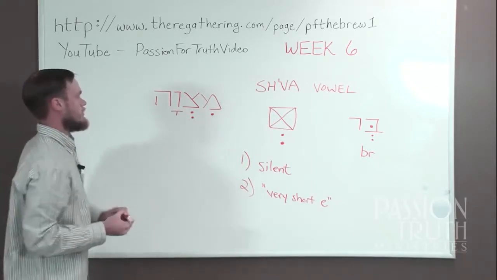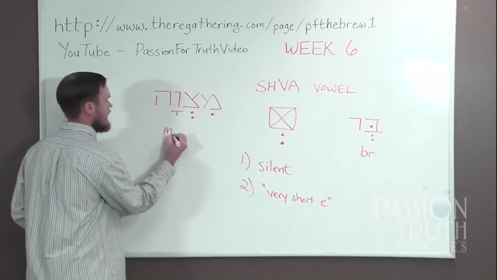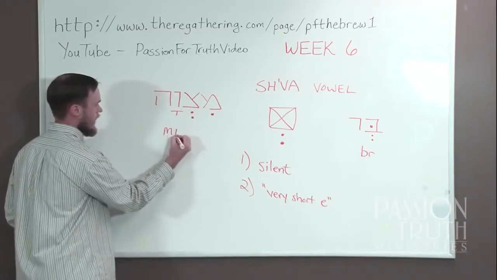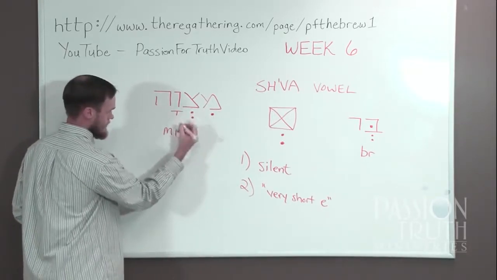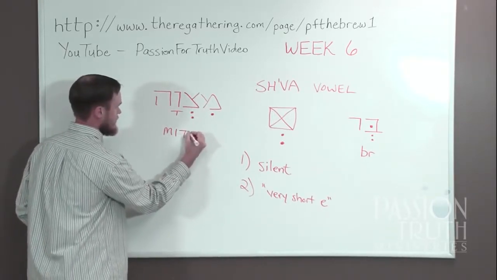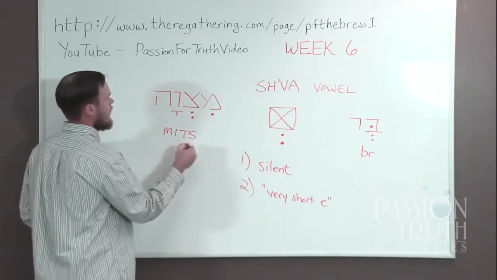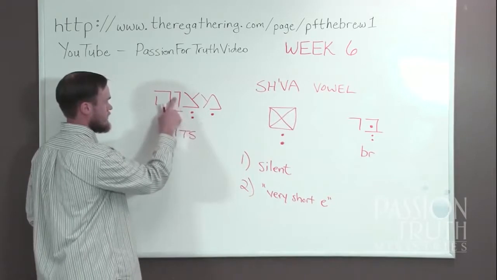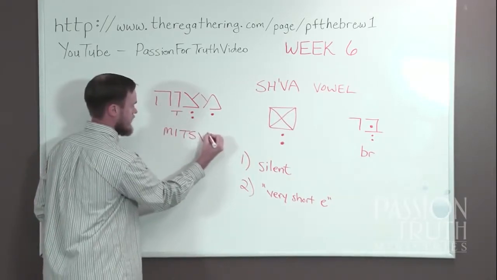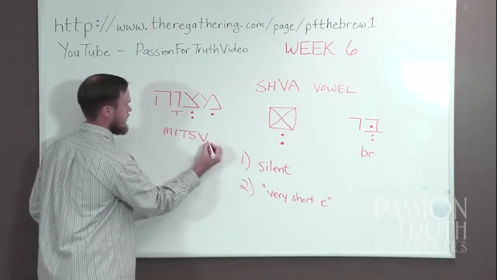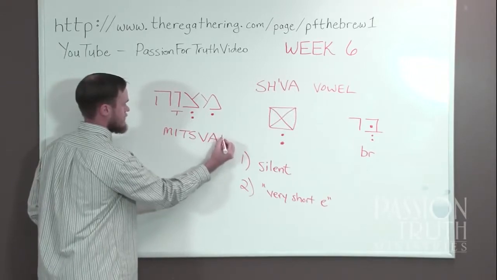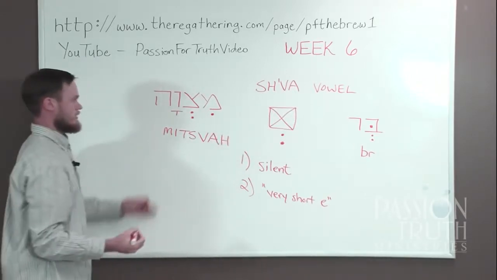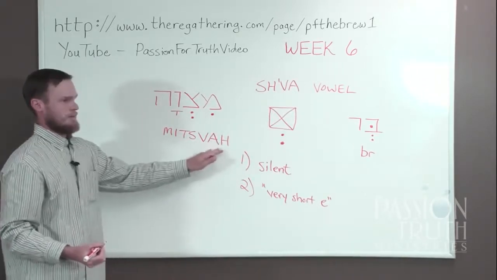Okay, so we've got M for the mem, short I for the chirik. The tzadi makes our TS or TZ. Schwa makes no sound, so nothing for the vowel sound. Vav makes a V, and then the short A of the kametz. Okay, so this would be pronounced mitzvah.